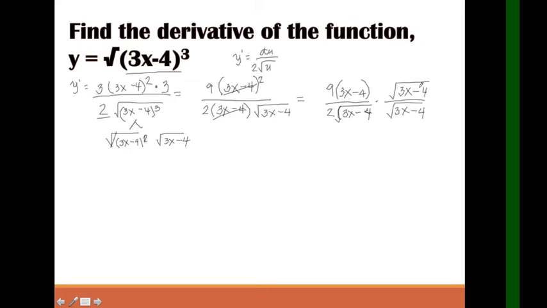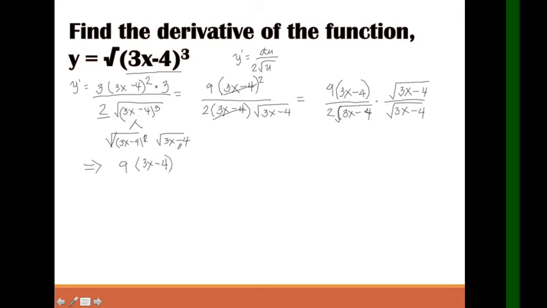Okay, now we can proceed to the next one. Okay, dito na lang siguro. I hope may sulat ko siya ng maayos. Here, pag multiply lang natin yan, so we have 9 quantity 3x minus 4.